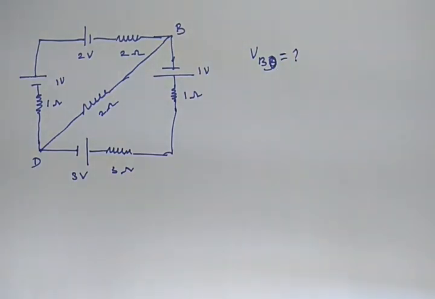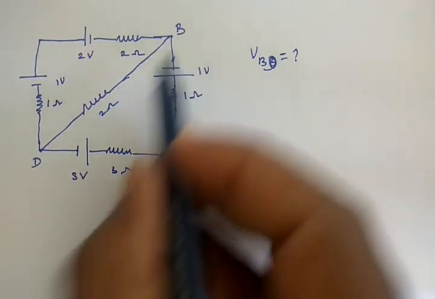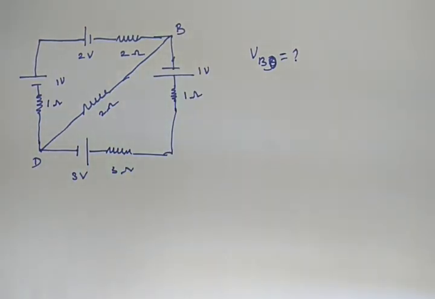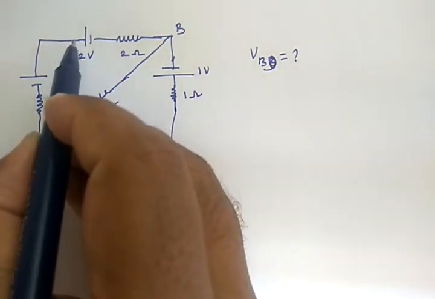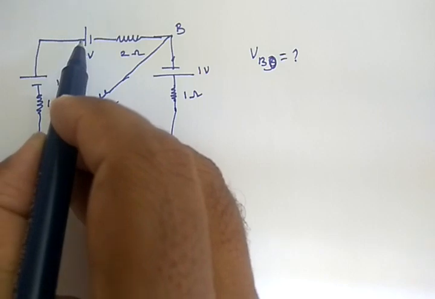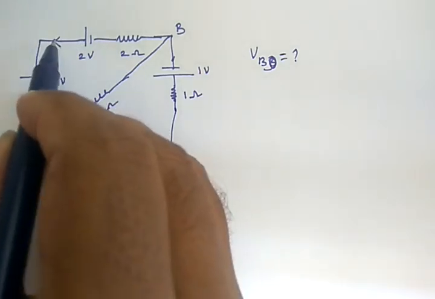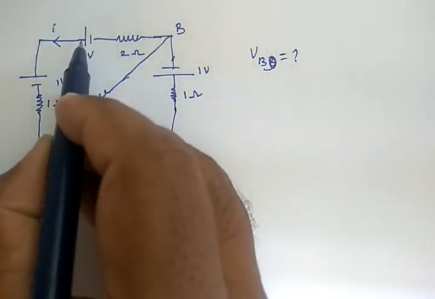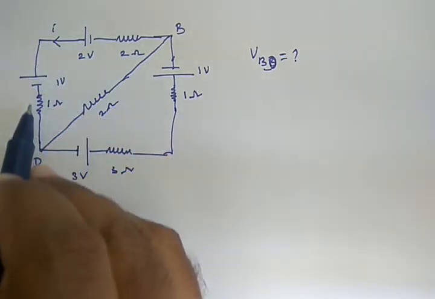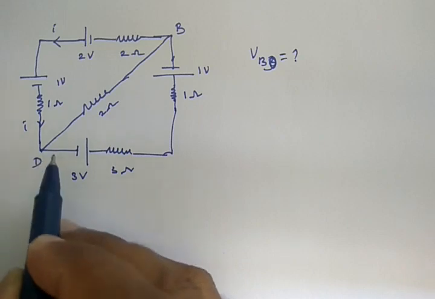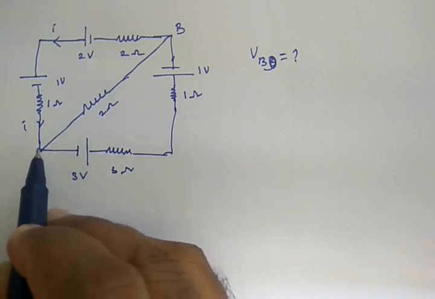This is the question. So to find the voltage across B and D, let us consider that I is the current supplied by the 2 volt battery. If I is the current supplied in this line, then the same current will go through this, and once it comes here, it meets a junction.